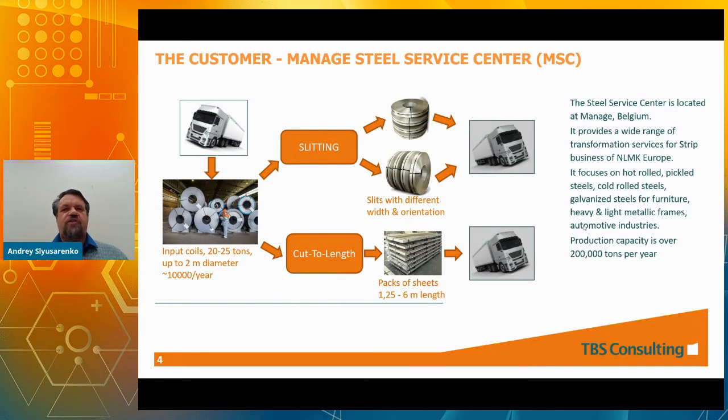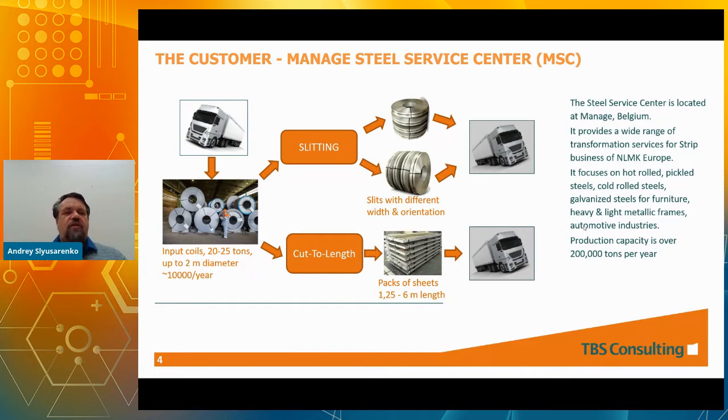Now, what is the scene? What is a Steel Service Center for? You may know that contemporary industries, first of all automotive, construction, and manufacturing, generate a huge demand for steel strips or steel sheets. The producer usually procures these steel strips in the form of steel coil, that means steel tape rolled up in a coil.